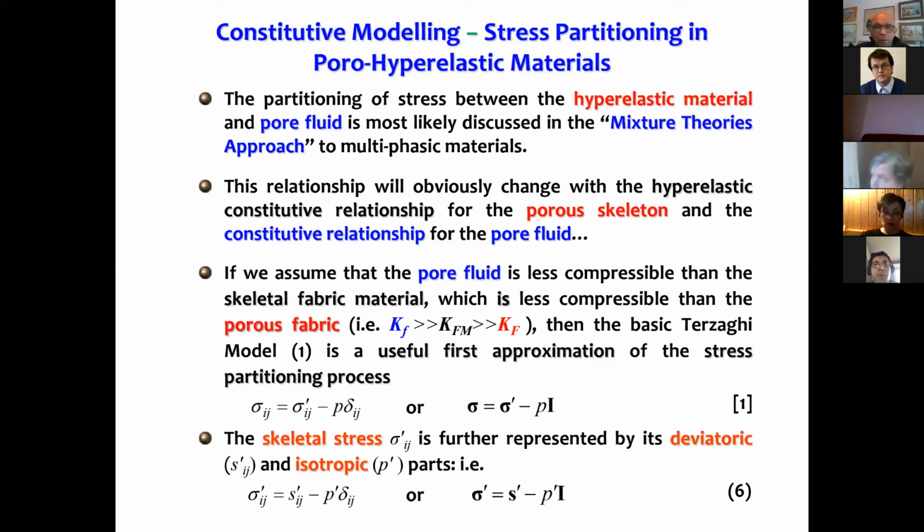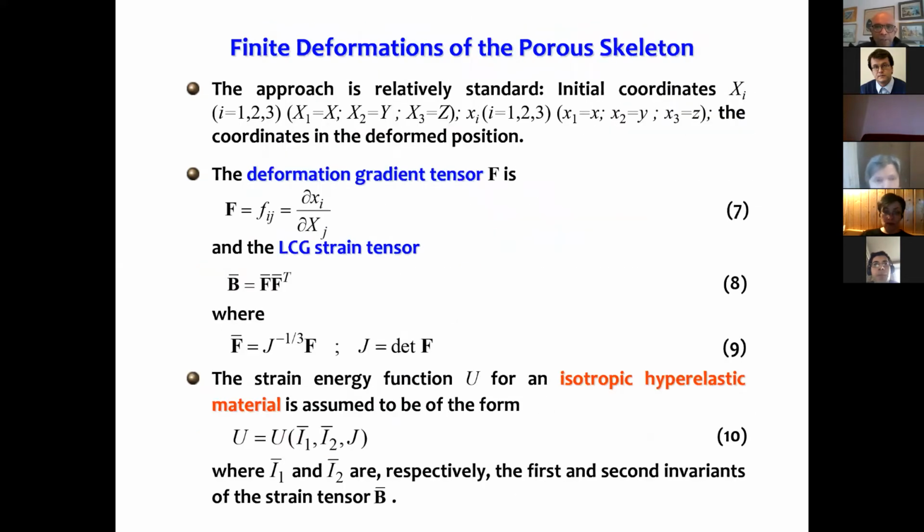So now we have to look at the large strain behavior of the medium. And the large strain behavior follows a very standard procedure. It's got a skeleton which has a deformation gradient tensor. So this is the current position of a particle, and this is the original position of the particle.